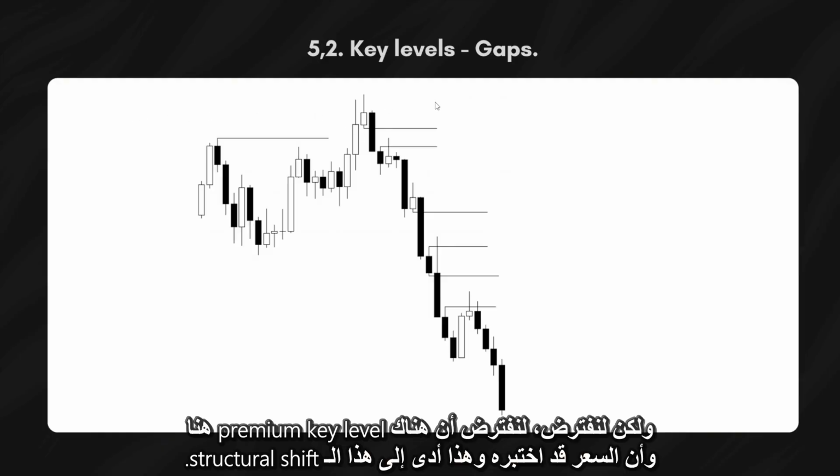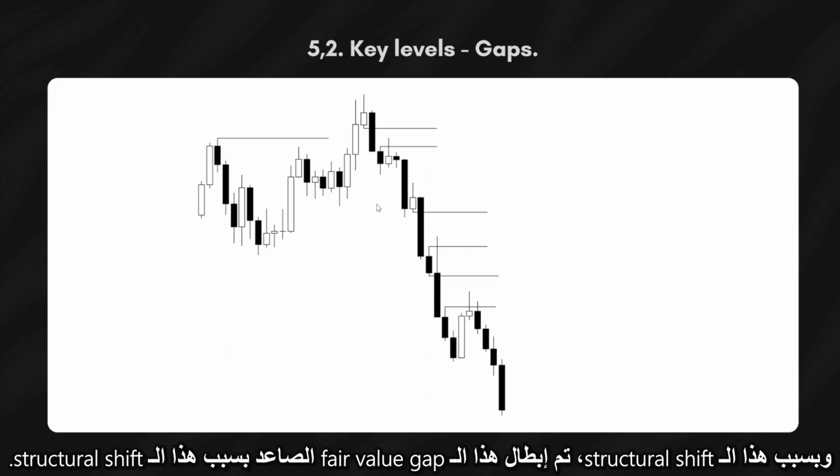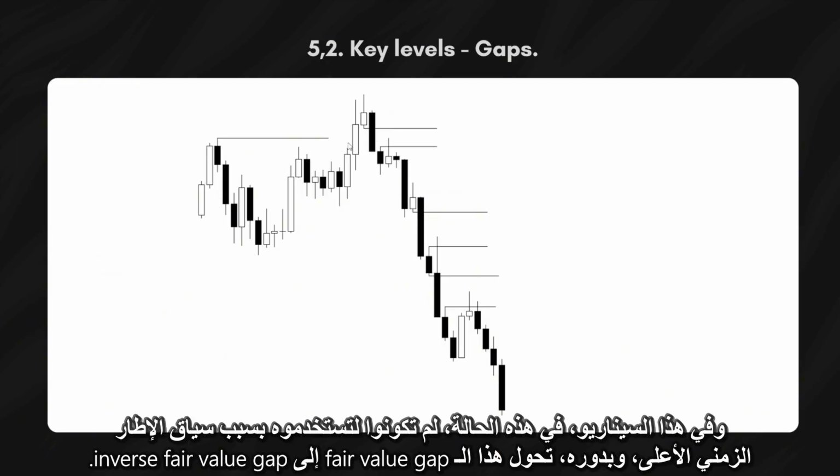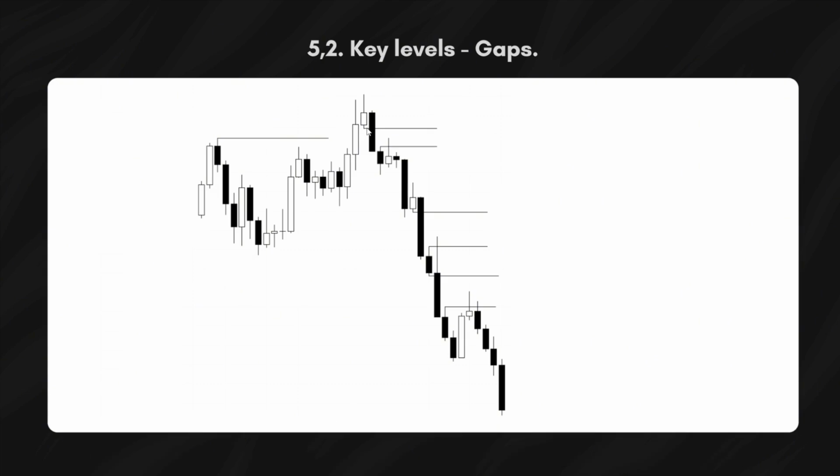But let's assume there's a premium key level here and price has tested that, and that led to this structural shift. Because of this structural shift, this bullish fair value gap got invalidated. In that case, you wouldn't have used it because of the higher time frame context, and this fair value gap turned into an inverse fair value gap.